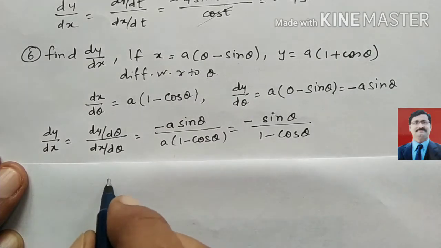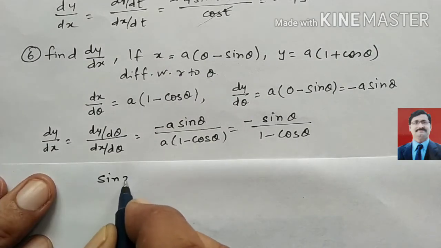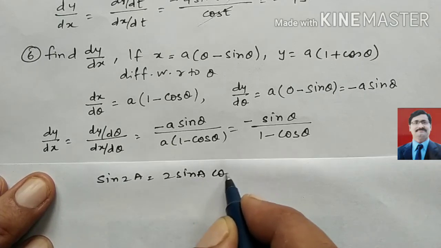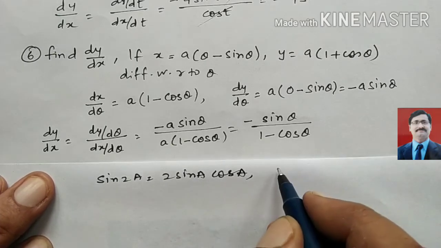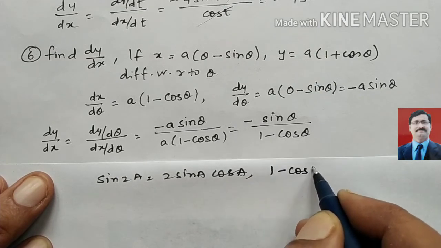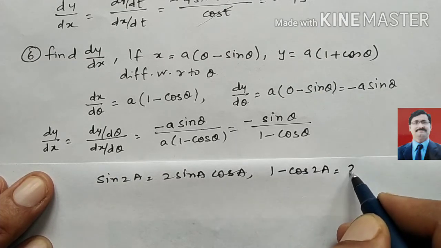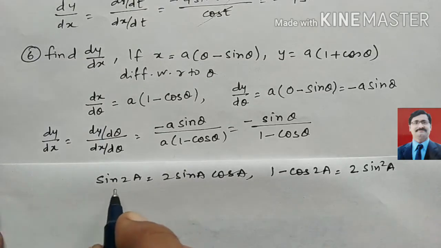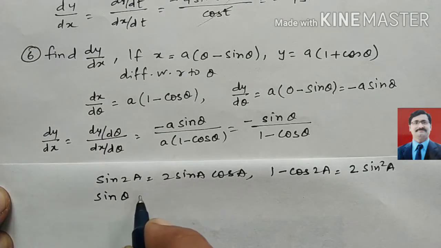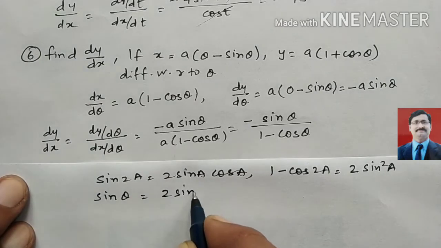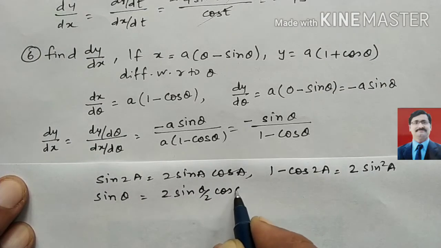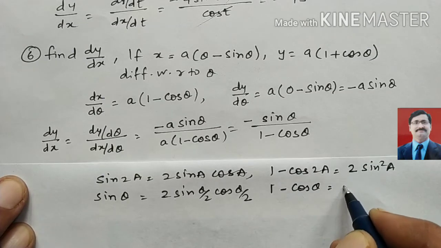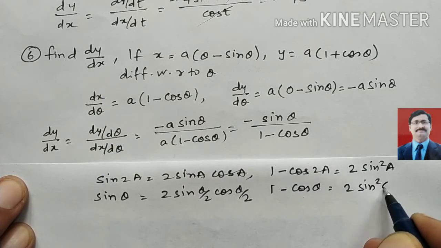Look here, we have the formula sin 2a equal to 2 sin a cos a, and 1 minus cos 2a, we already know, is 2 sin square a. So you can write sin theta as 2 sin theta by 2 cos theta by 2, and 1 minus cos theta will be equal to 2 sin square theta by 2.